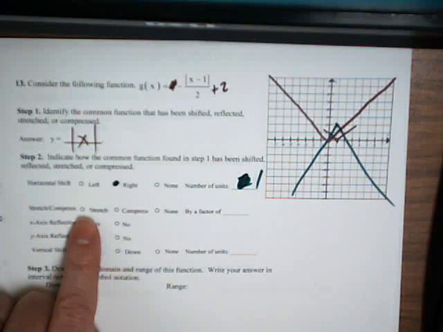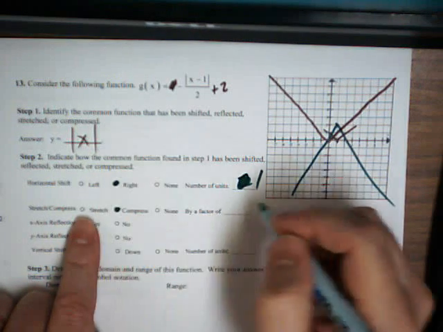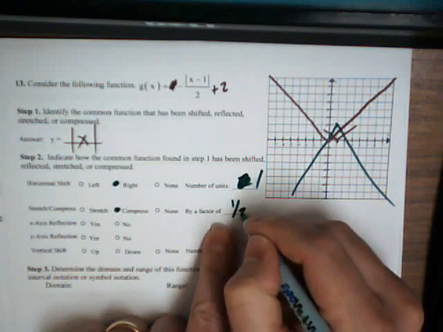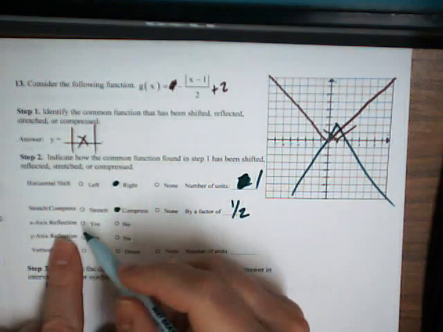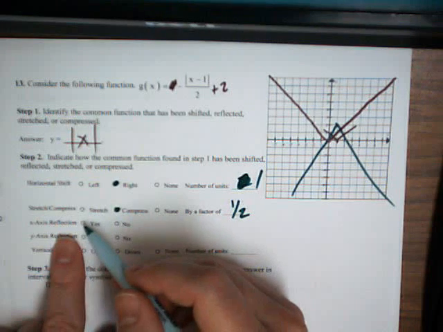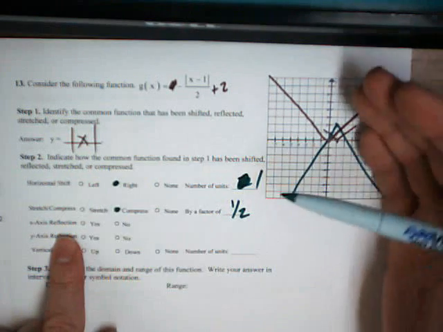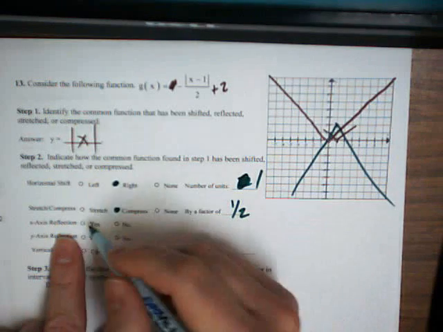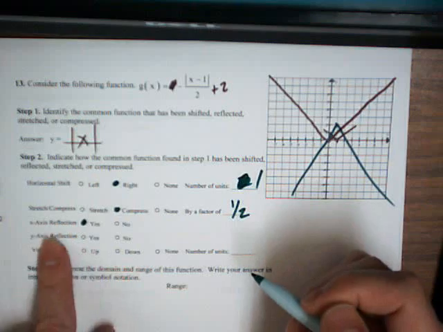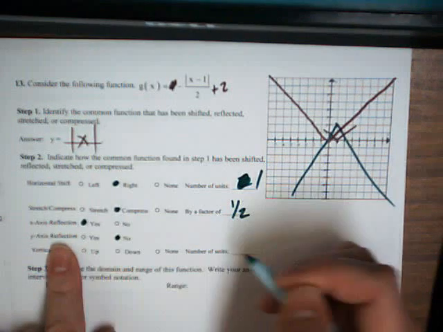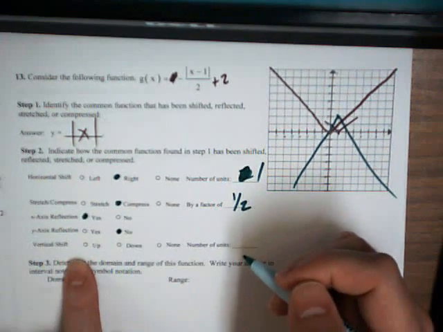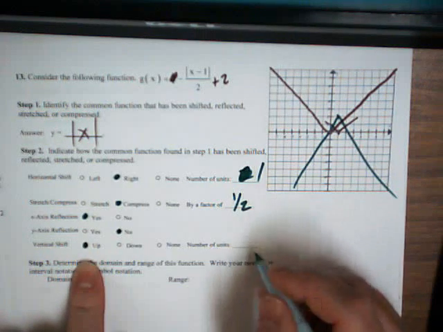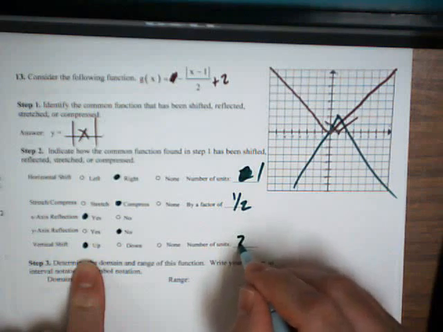Stretch or compress? What kind of factor did it compress it by? 1/2. X-axis reflection? Did it flip over the x-axis? Yeah. Y-axis? No. Vertical shift, up or down? It went up. How many units? 2.